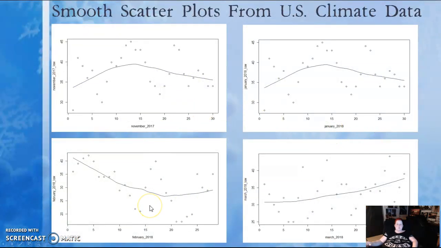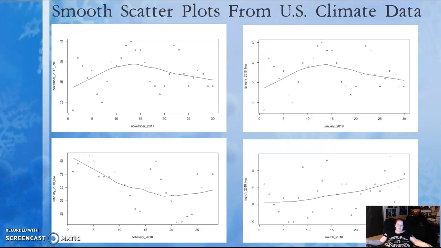These are the smooth scatter plots from the data collected from US Climate. Since I had to clip each month by month, these are the monthly breakdowns of the data that was actually available. This site didn't have data for November 2017 through November 2018.